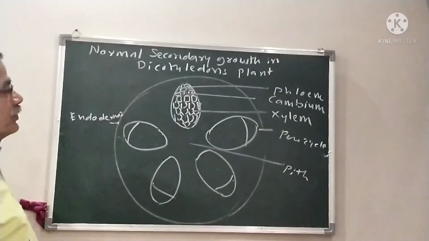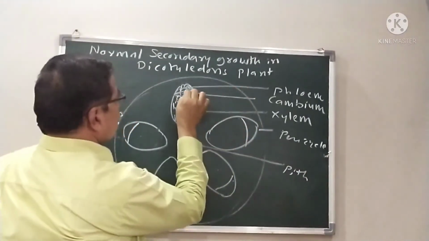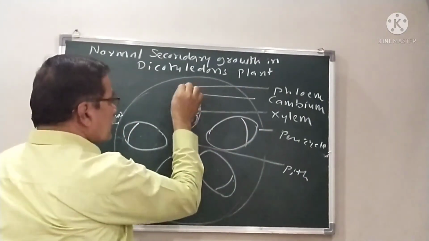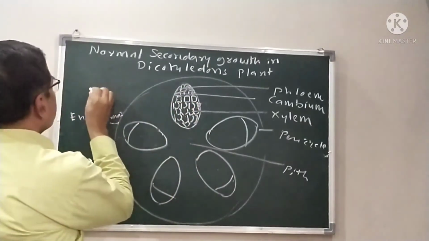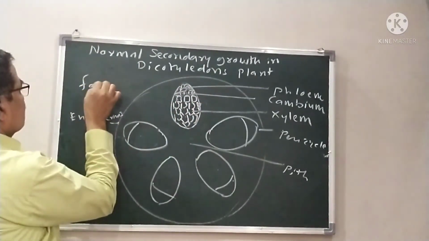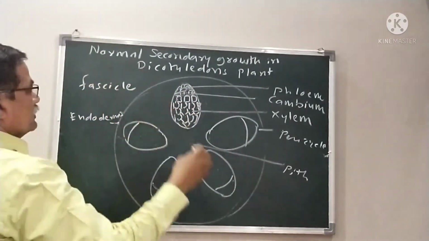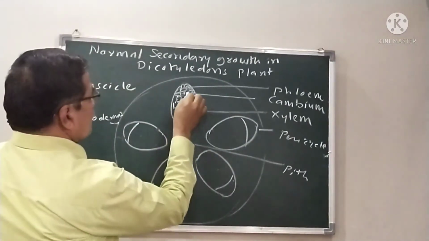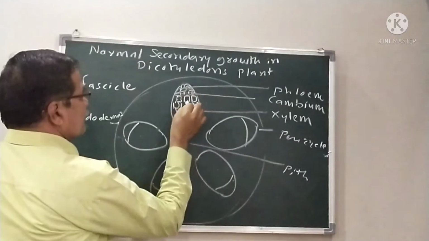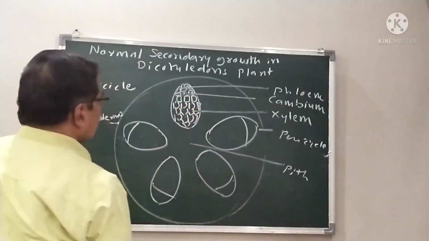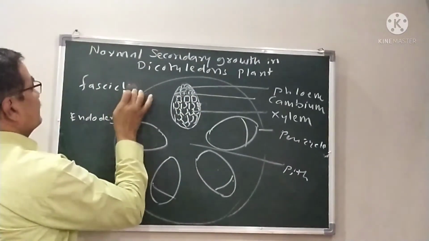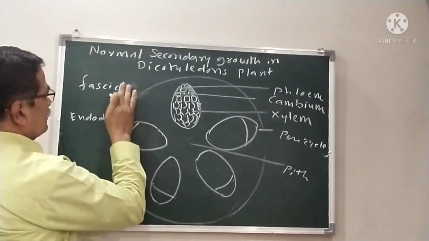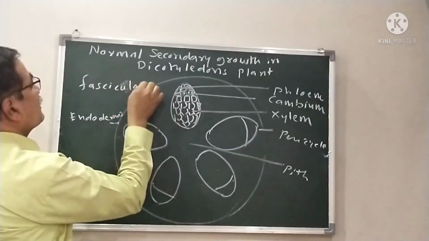The vascular bundle is known as a fascicle. The cambium present in the vascular bundle is known as the fascicular cambium.